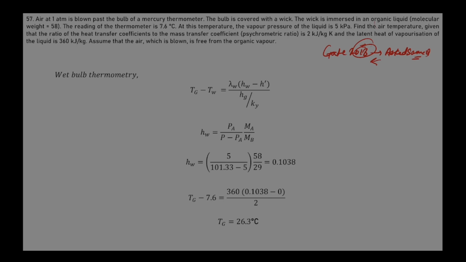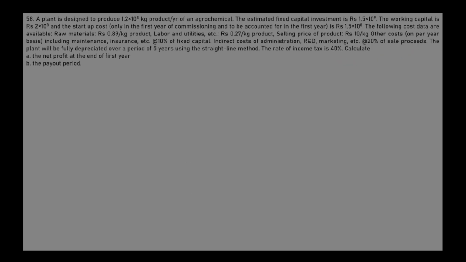Now this is a question that is very beautiful, and if you don't know the cash flow, then you will not be able to solve this question. So we'll see this question.